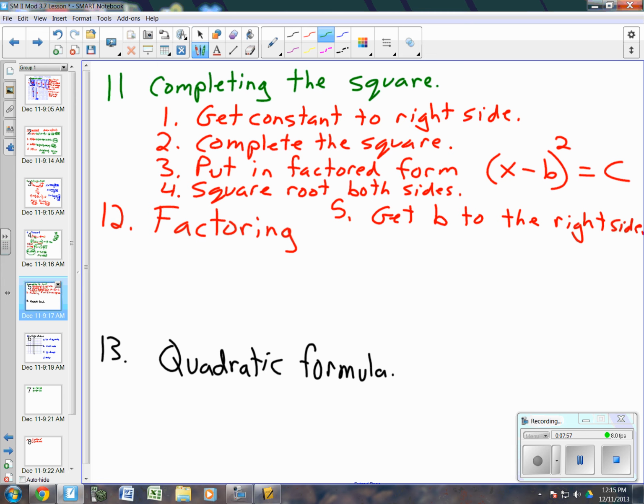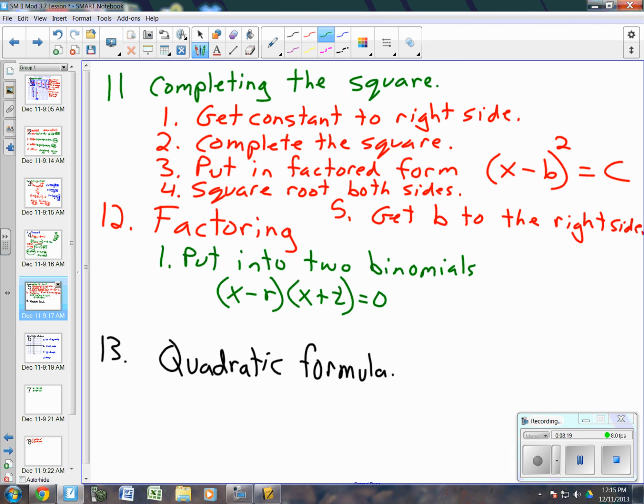Okay, factoring. Step 1, put into 2 binomials. So you have something like x minus r times x plus t equals 0, right?